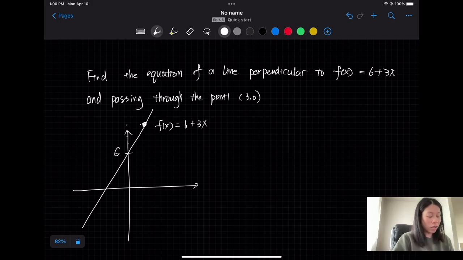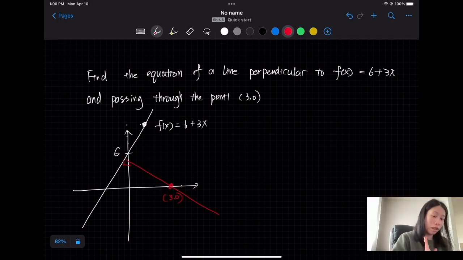Okay, so now they want you to find a line perpendicular to this line, also passing through the point (3, 0). (3, 0) is approximately here. This is not the best graph. So this is perpendicular. Okay, so how do we find this line?